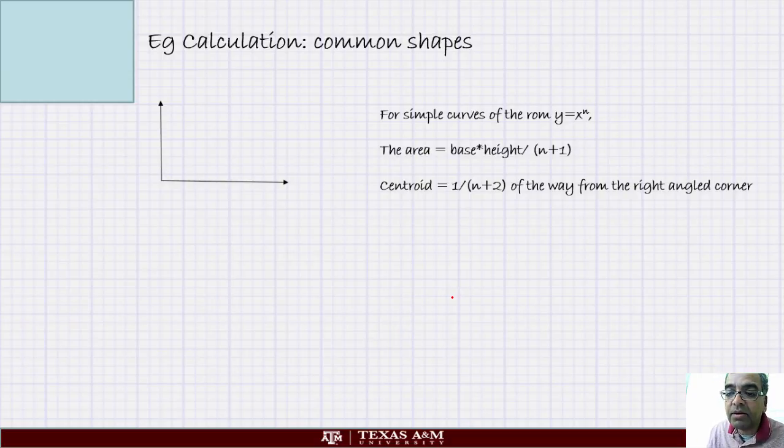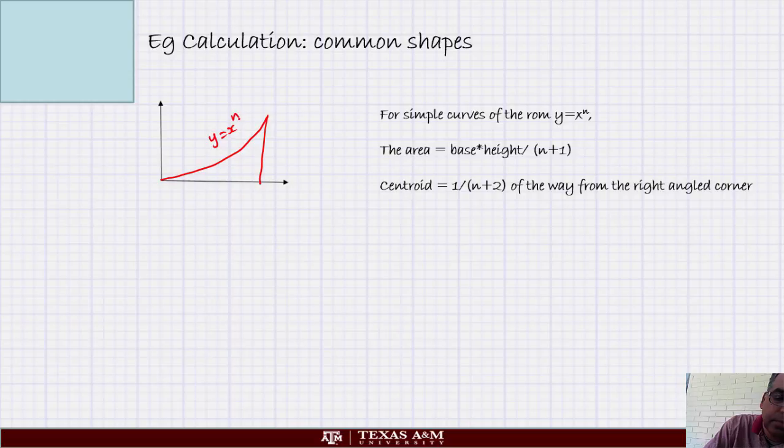For simple curves, if I have a curve that looks like y equal to x to the n, like this, then this is the base, this is the height, this is the right angle corner. It's pretty easy. Area will be base times height divided by n plus 1, where n is the power.